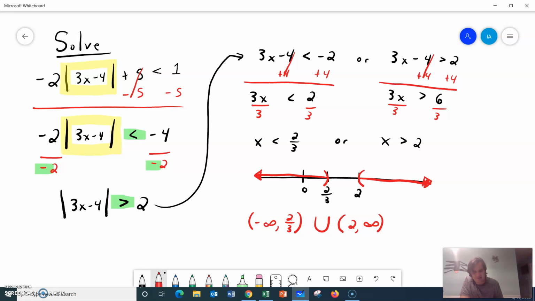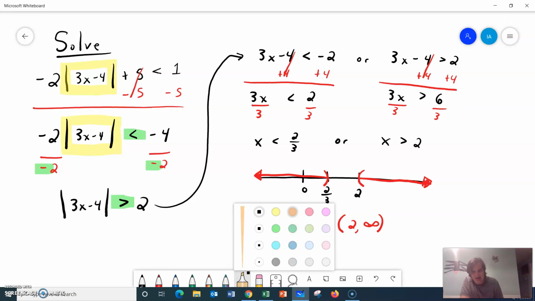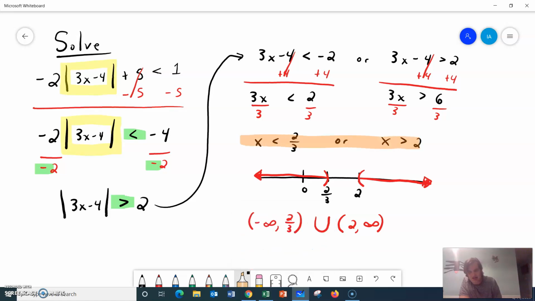Just to go back and show everything, I have the inequality of x less than 2/3 or x greater than 2. I have the number line showing the same thing, and I have the interval form here, showing you all three forms of how inequalities can be written.